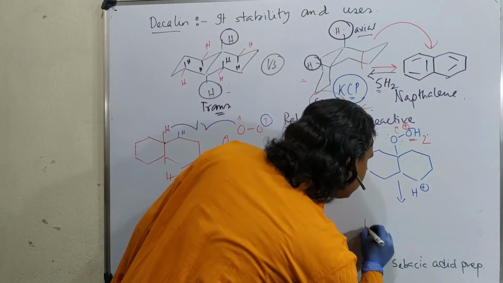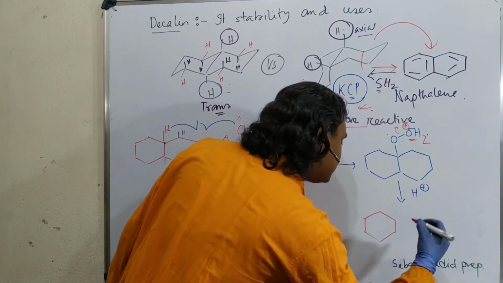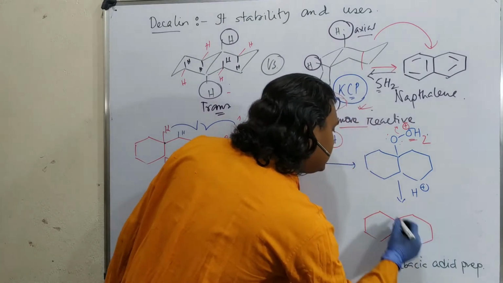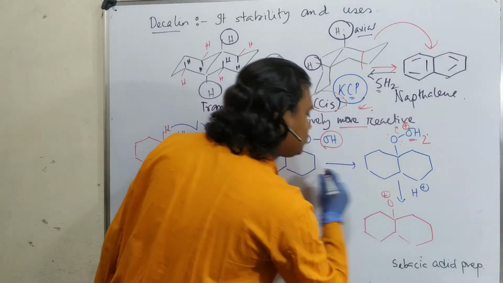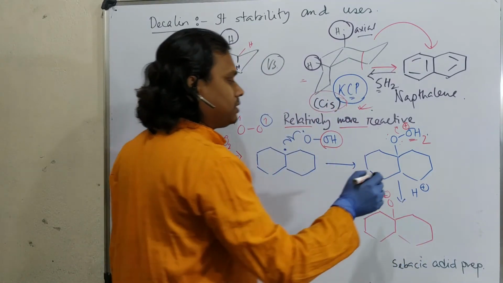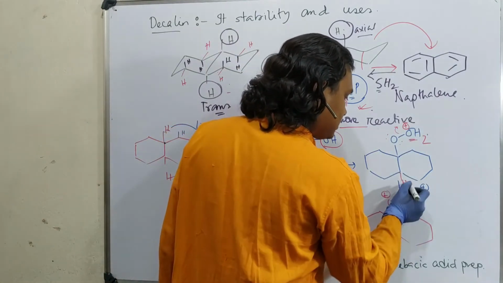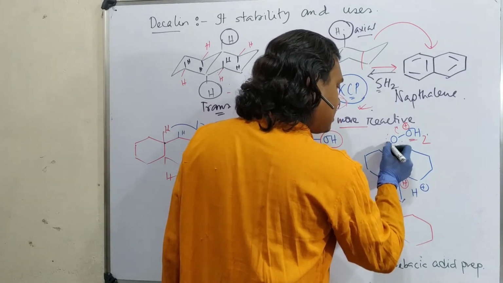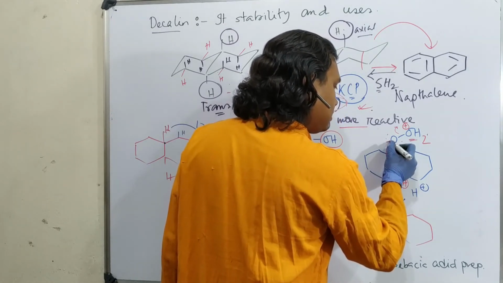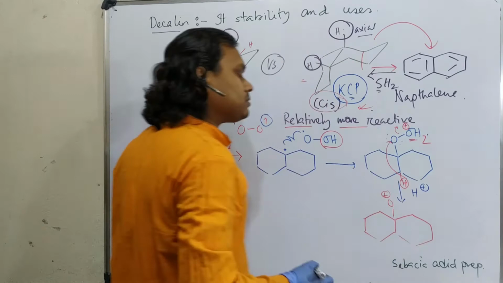Actually this happens in one step, but I am giving it to you stepwise so that you can understand. Actually oxygen plus charge doesn't happen. So this hydrogen migrates here and it leaves.